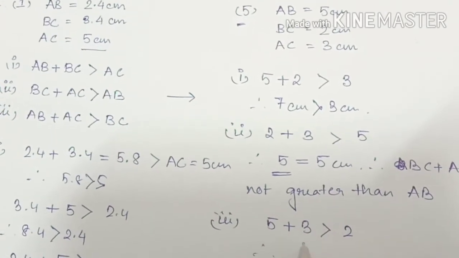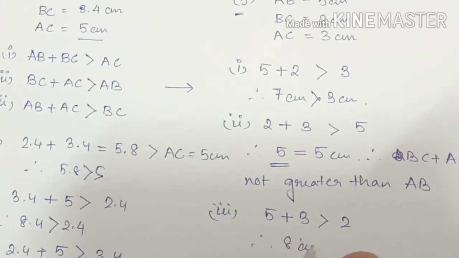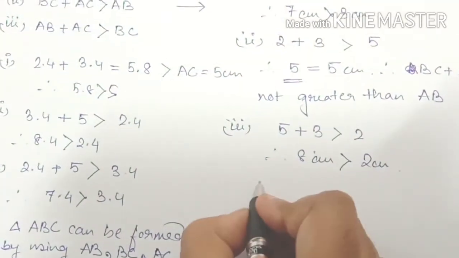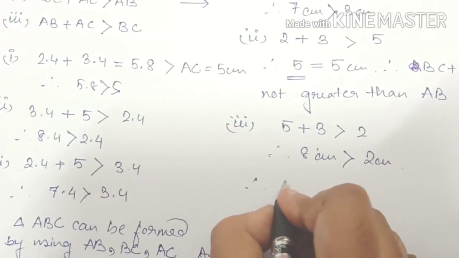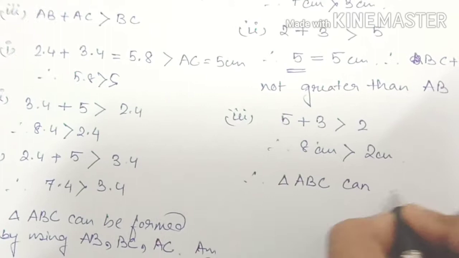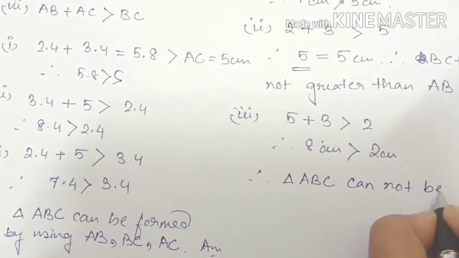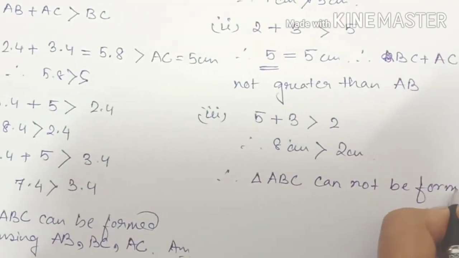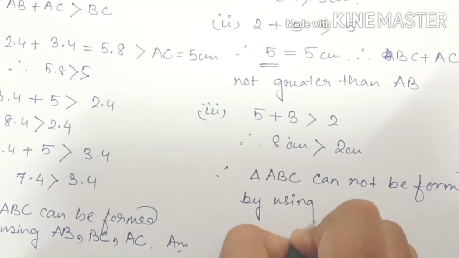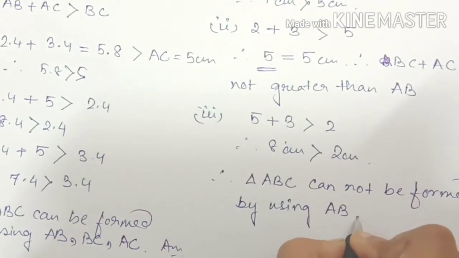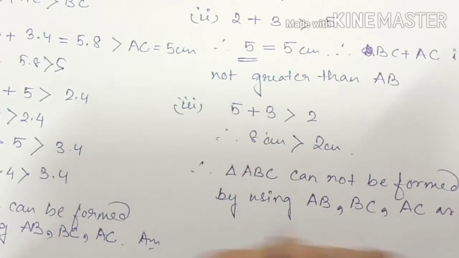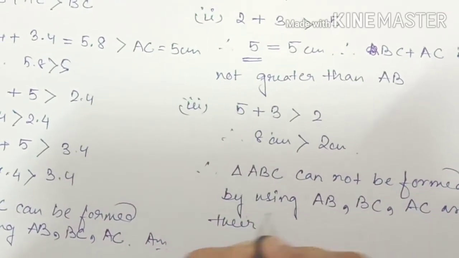Now this is okay. So 8 centimeter is greater than 2 centimeter, right? Therefore, we can say that triangle ABC cannot be formed by using AB, BC and AC as its sides.